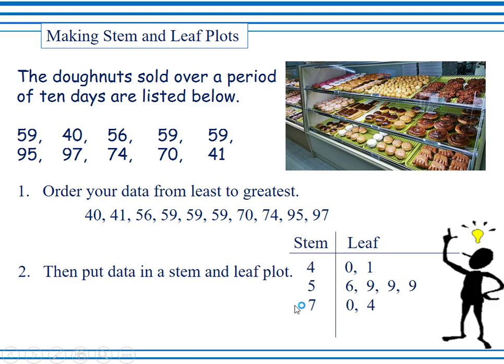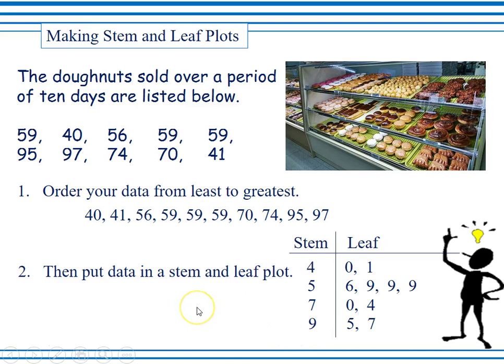We have 70 and 74. We would display those like this. 70 and 74. And then we have 95 and 97. Notice that the digits in the leaves are listed in order, and the digits in the stems are listed in order going down.